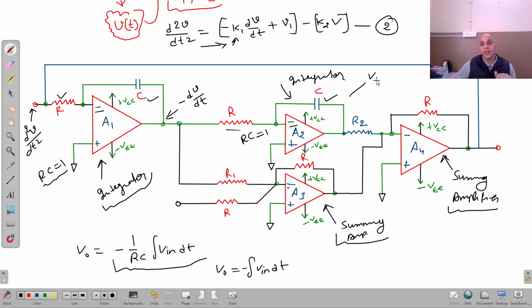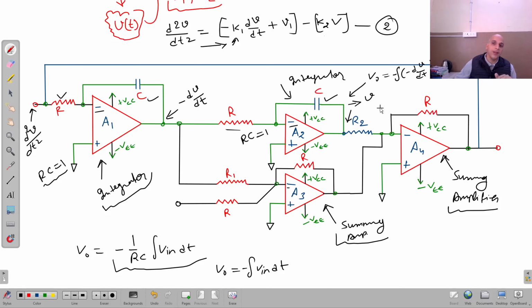So V output here will be the integration of minus dv upon dt dt. What will I get? I will get simply v, right? Minus minus plus. So I will get v at the output here, at this point, right? Now this v is given to the summing amplifier.